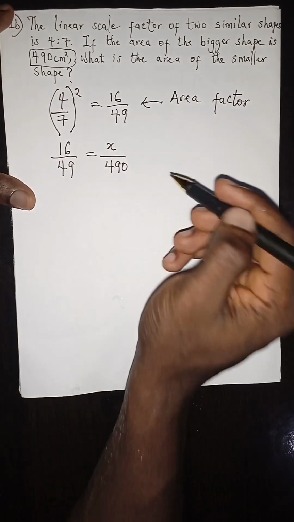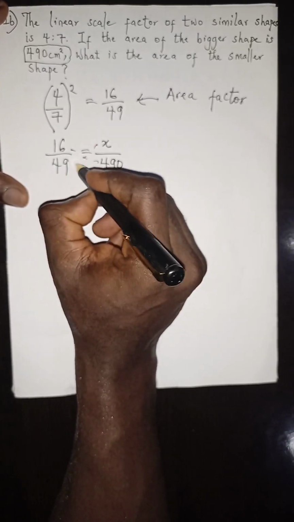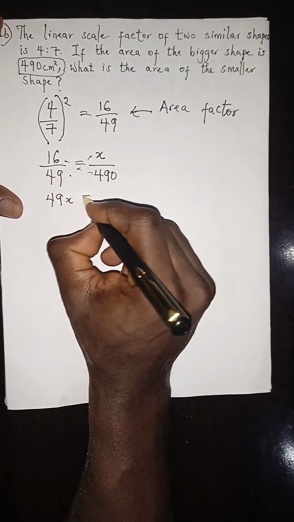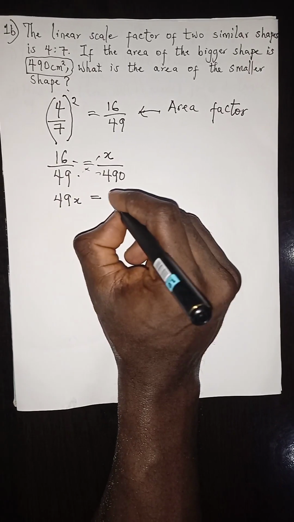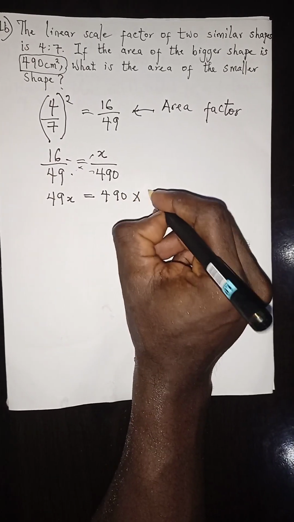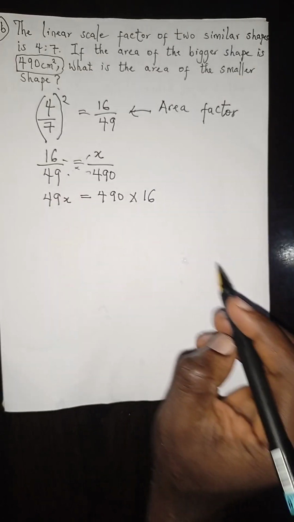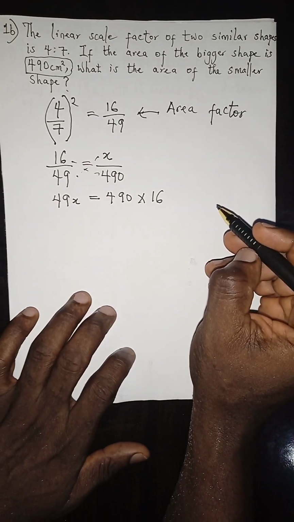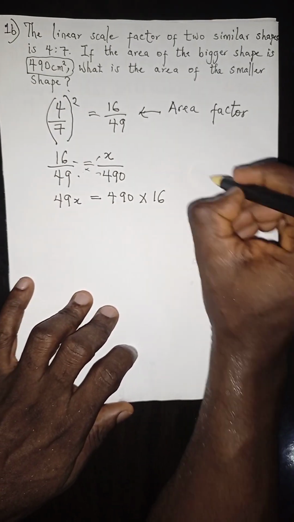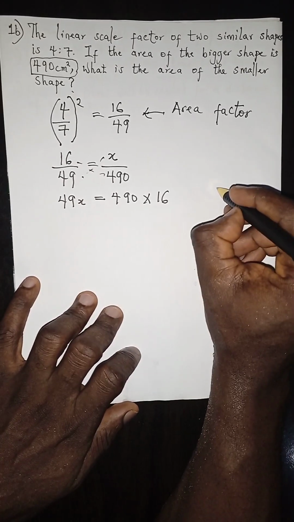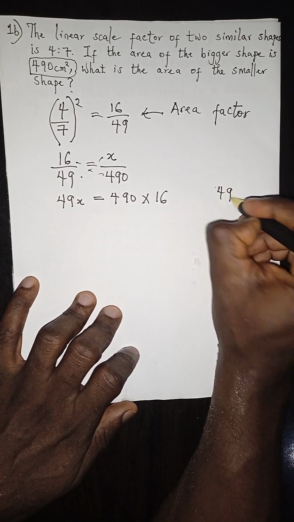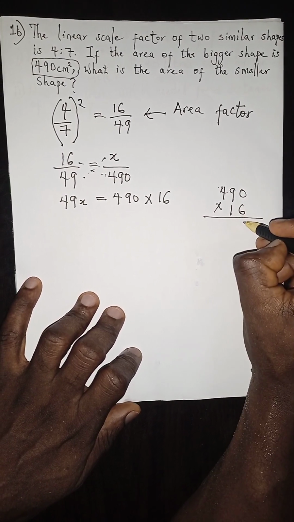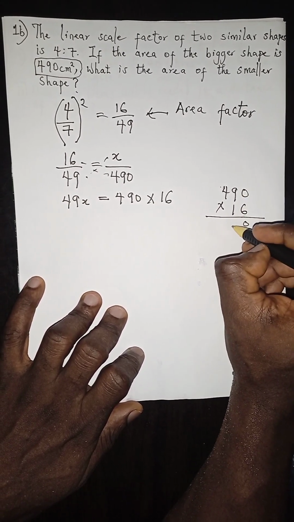Now that I've got this, all I need to do is to cross multiply to get the value. So I'm going to get 49 times x, giving me 49x. Then I have 490 times 16. So let's do a quick multiplication of that. Now this is how we multiply. 6 times 0 gives you 0. 6 times 9 is 54.